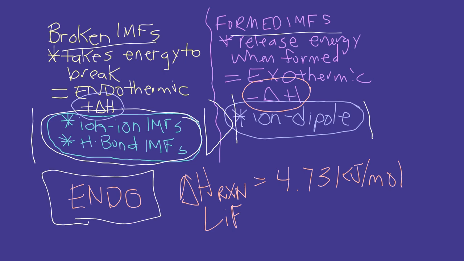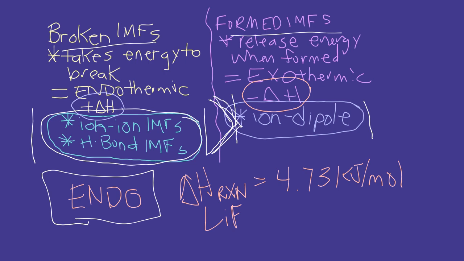So that would be your bigger value. Those two in combination, the ion-ion and the hydrogen bonds. Now, obviously, that's not the only value. You have to take into account all, but these must be bigger. So this is a greater than sign.